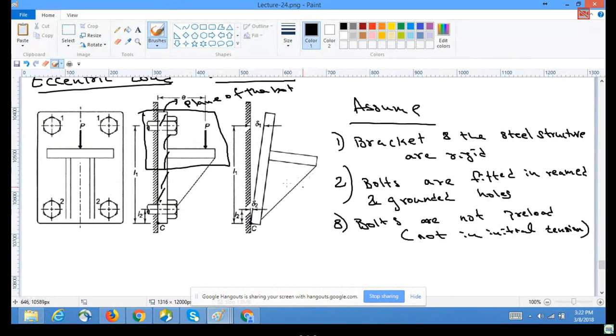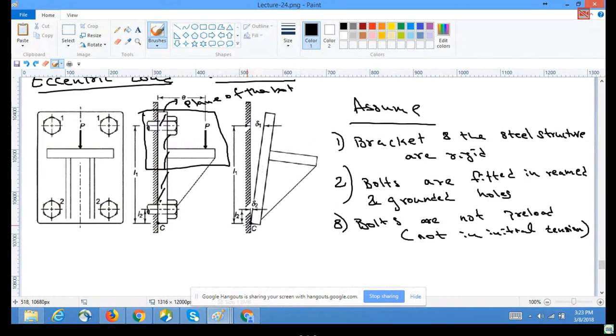So in this case, let us call all the upper bolts as 1 and all the lower bolts as 2. As I said earlier, this loading would create a moment such that it is hinged at C, and hence it would give a delta 2 at this second location and delta 1 at the top.